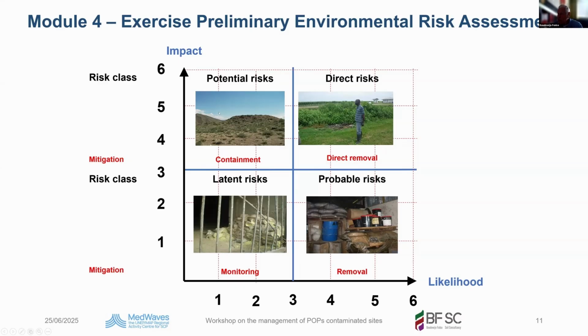So if it is a risk with high impact but low likelihood, containment is an option. If it's direct, removal. If it is low for likelihood and low for impact, monitoring. If it is low for impact and high for likelihood, also removal is advised. So this is actually a very simple way of getting an idea about the risk, and you can already compare the sites when you do this.